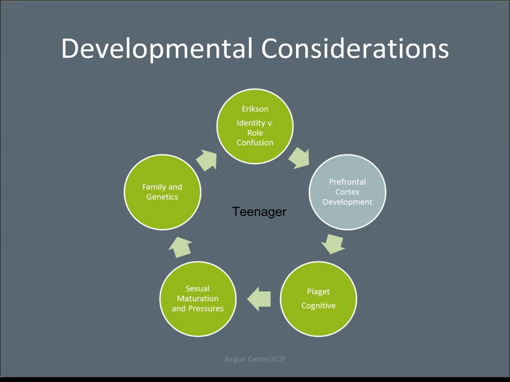This slide I use quite a bit because there's a lot of different ways to think about what's going on developmentally with the age range that we're talking about. Some different perspectives wrap around this age range, but they really interweave quite well, especially when we think about the brain development at this stage.